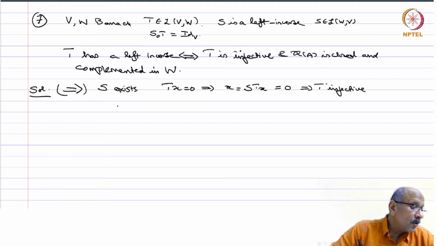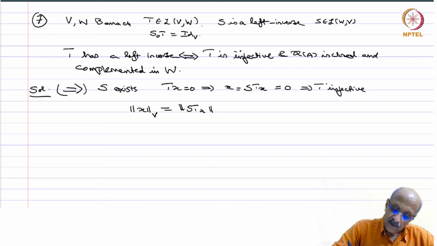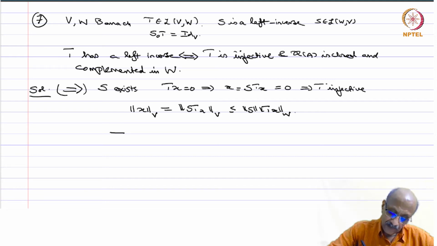Okay, so now let us take norm of x in V. This is equal to norm of STx in V. S is continuous, so this is less than or equal to norm S times norm Tx in W. Okay, so we have norm x in V less than a constant times norm Tx in W, and we saw yesterday in one of the theorems, if you have bounded below, then automatically range of T is closed.